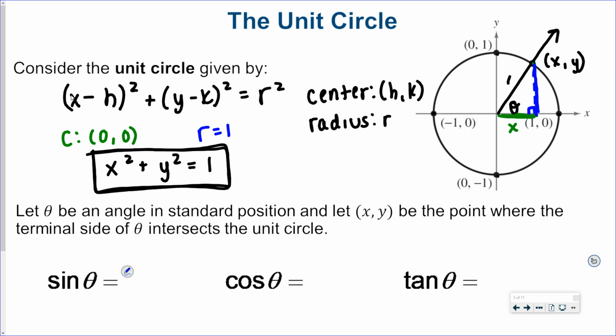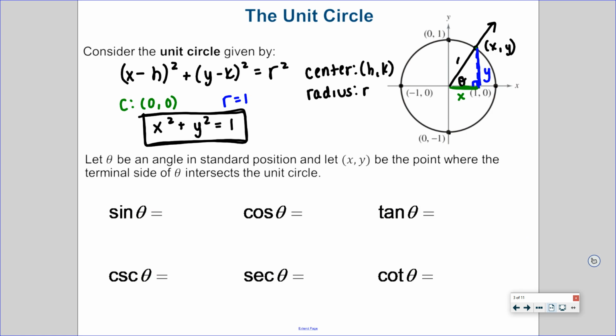Applying SOHCAHTOA: the sine of theta is opposite over hypotenuse, which is y over 1, so it ends up just being y, the y coordinate.